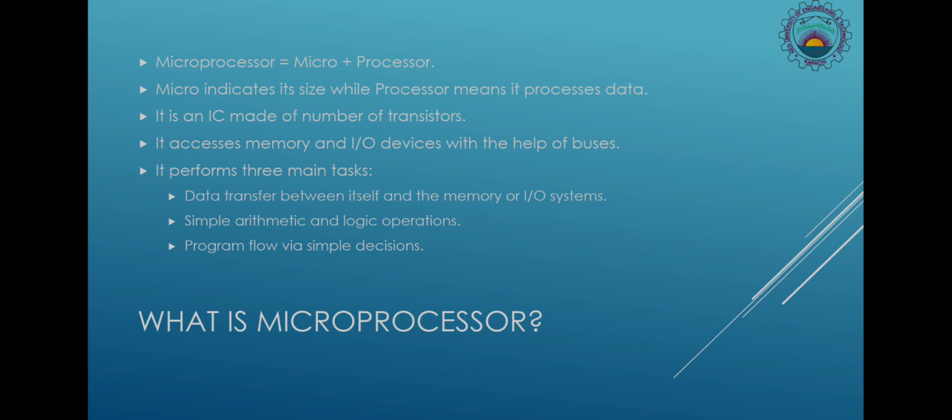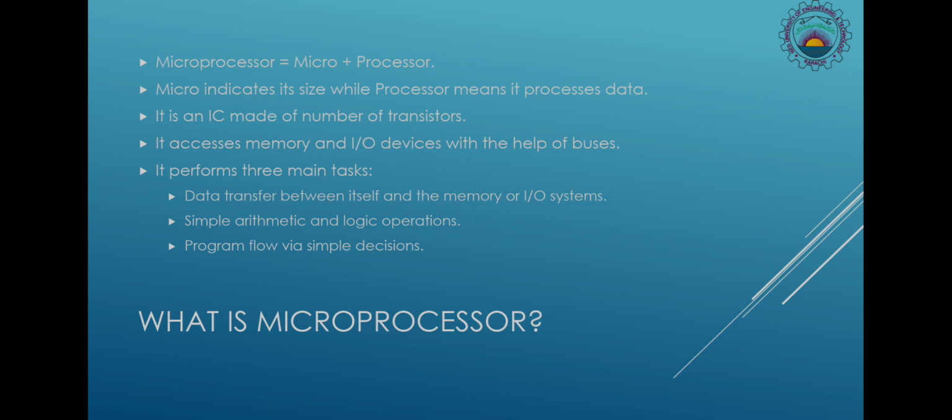In a computer system, the microprocessor will be performing three main tasks. Number one, the microprocessor will be performing data transfer operations between itself and memory devices or IO devices.